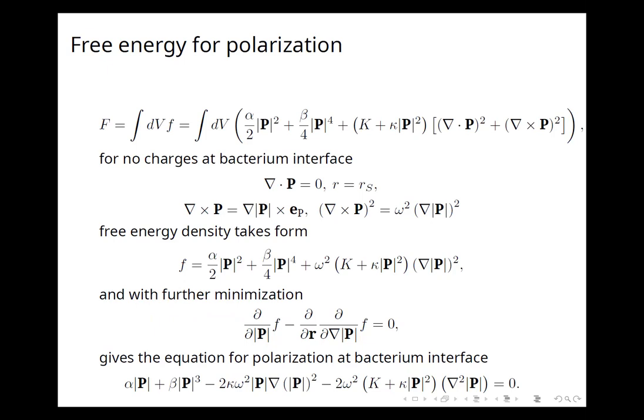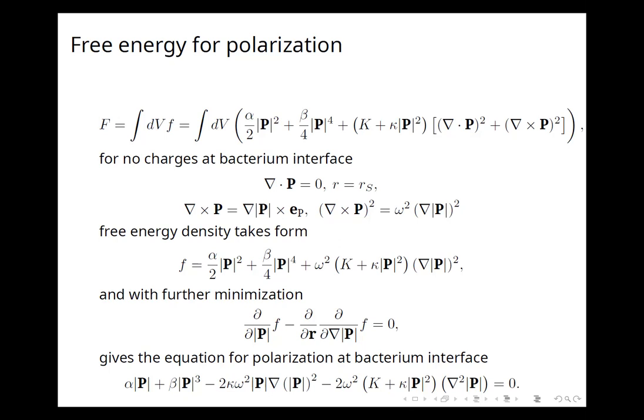We expect or suppose that we have no charges on the bacteria interface. We expect that we have a rotation, vortex at this interface, so that this free energy can be rewritten as follows.